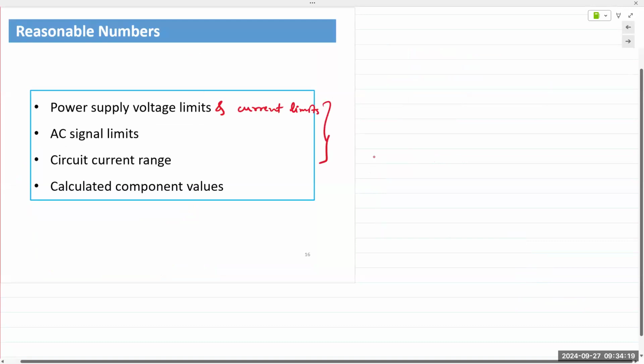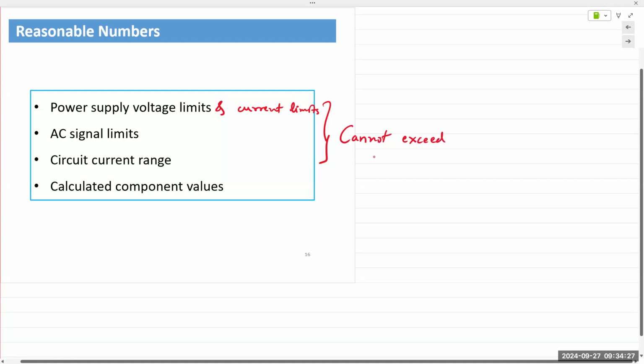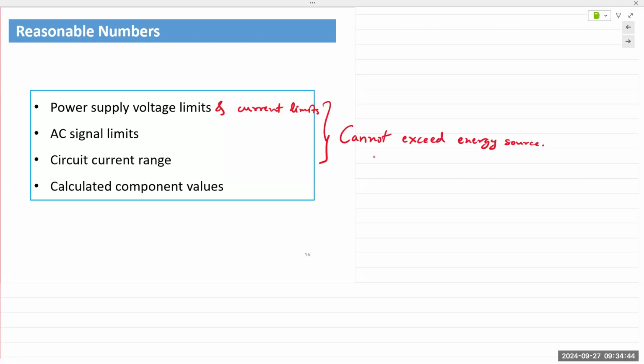AC signal limits and the circuit's current range cannot exceed the supply energy source. If your circuit has a 10-volt source, voltages in the circuit cannot exceed 10 volts. Energy cannot come from thin air.